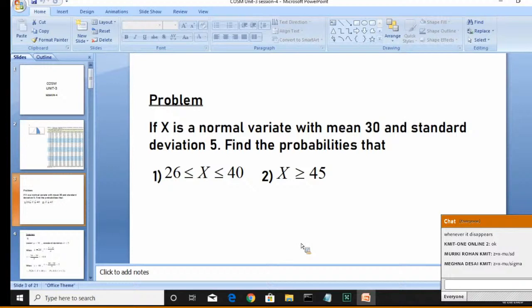X minus mu by sigma. Now from that you can understand the previous problem, Tasmia. Now we are changing over to standard normal variate, x minus mu by sigma. That is same as the previous day's problem.